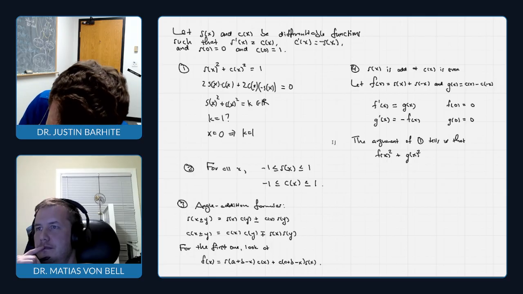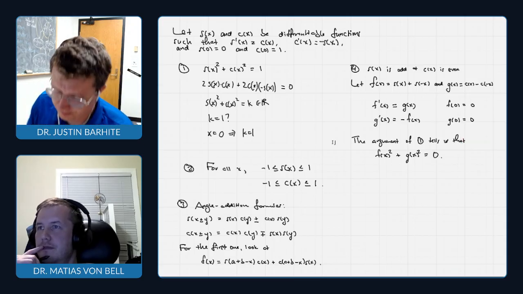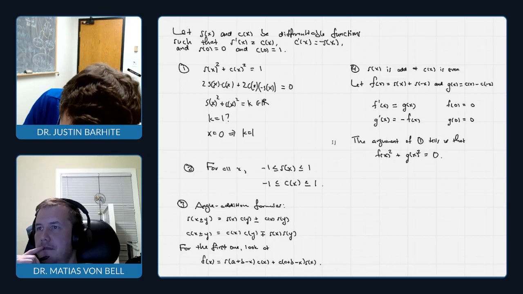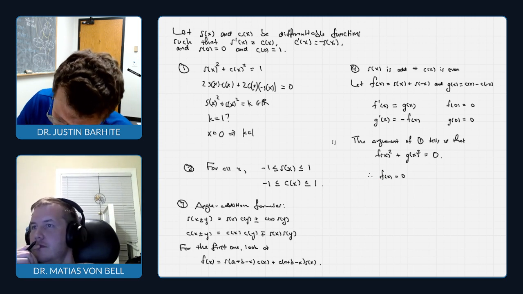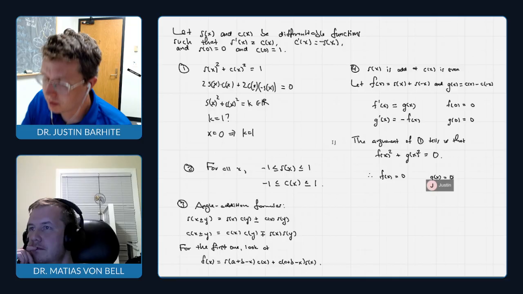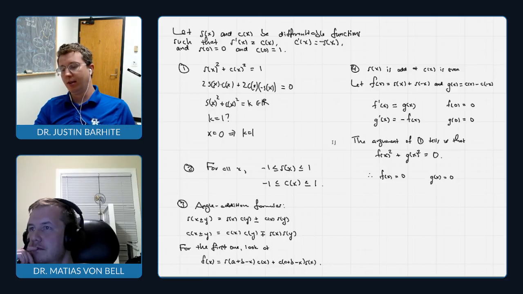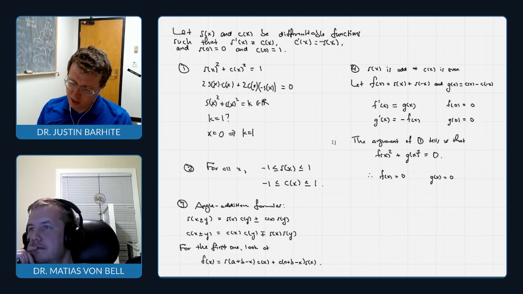And what's the value of the constant? It's not 1 like it was last time. It's 0. And if you have a sum of two squares being 0, the only way that happens is if they're both 0. So we knock out both of these tasks at once.